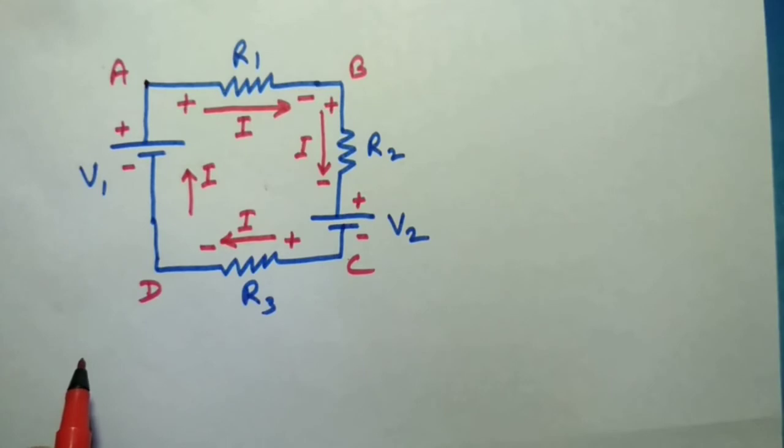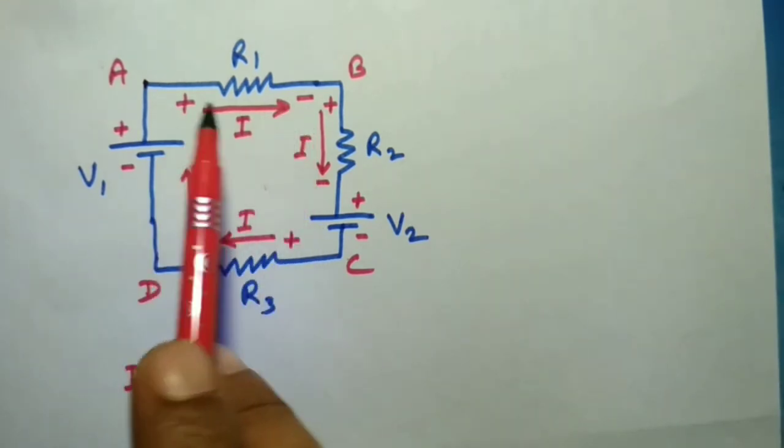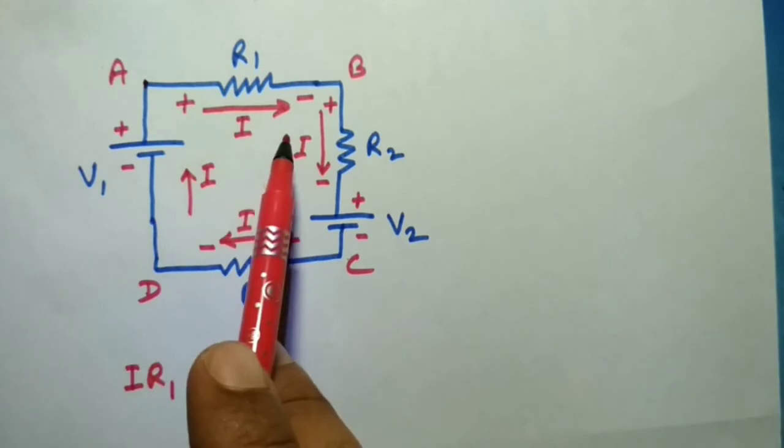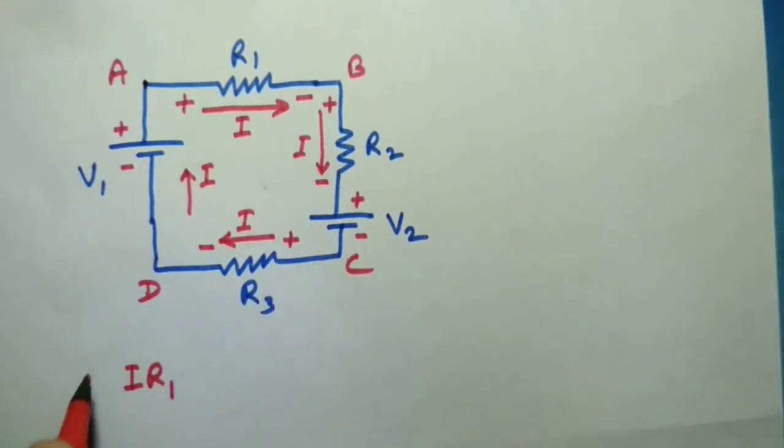So first is the voltage drop across R1. According to Ohm's law, it should be I into R1. But here we move from A to B, that means from plus to minus sign in the direction of the current. So here the potential drop will be taken as negative.